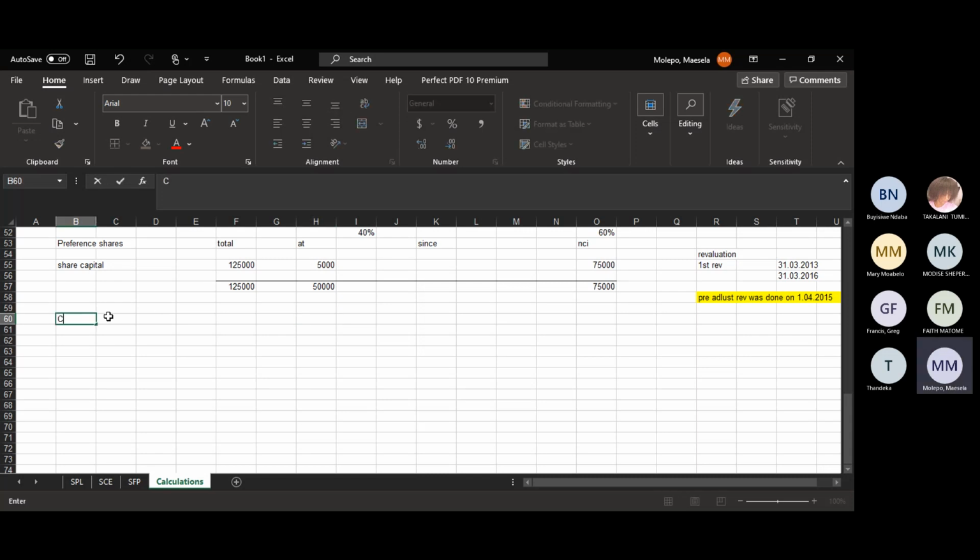Consideration paid. He paid an amount of 57,500. So it means we have a goodwill of 7.5. Goodwill.